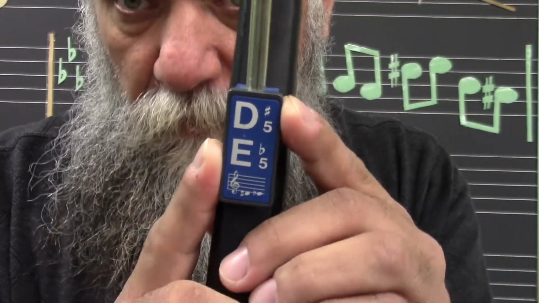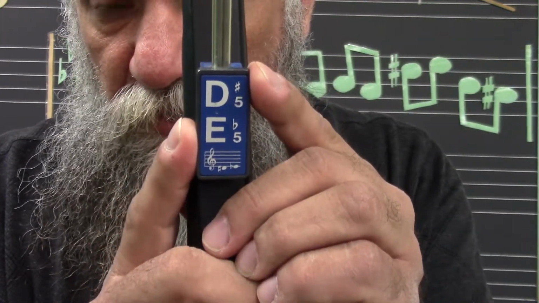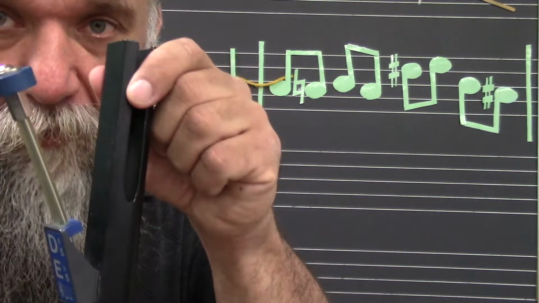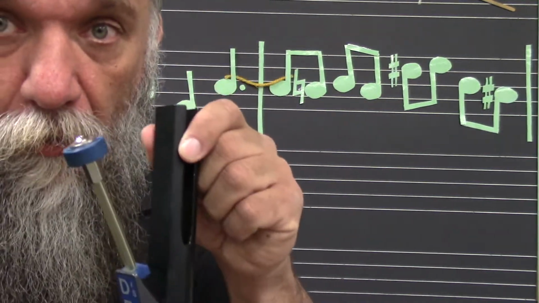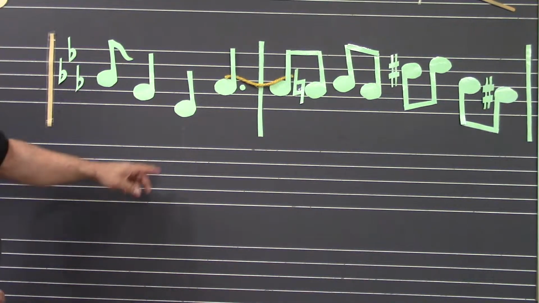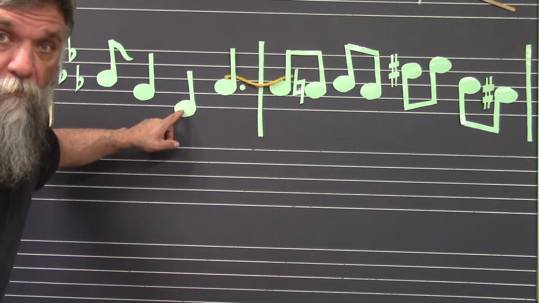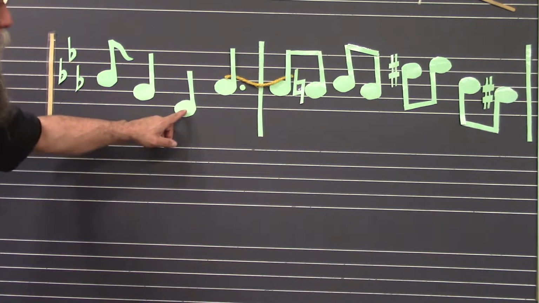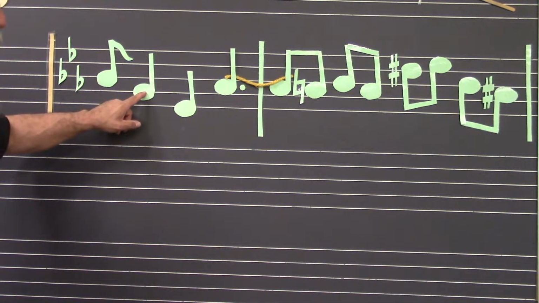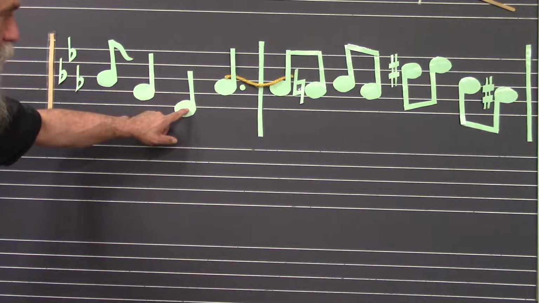They're enharmonic. So you need to have this bell that says D sharp, E flat. And remember we learned the flats and the sharps are the black bells, the naturals are the silver bells. So let's play the E flat. And on what count will we play this? This is on the and of 2.